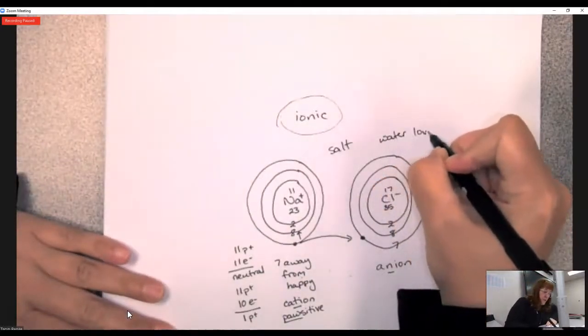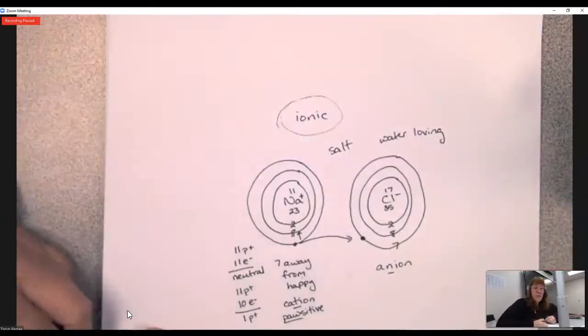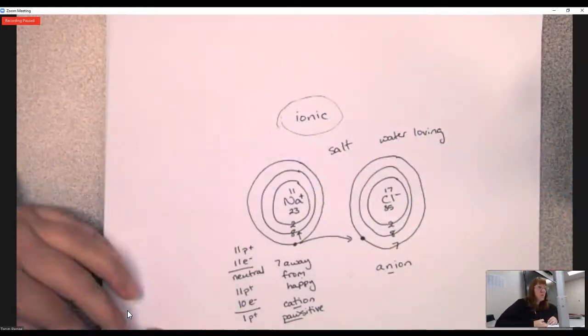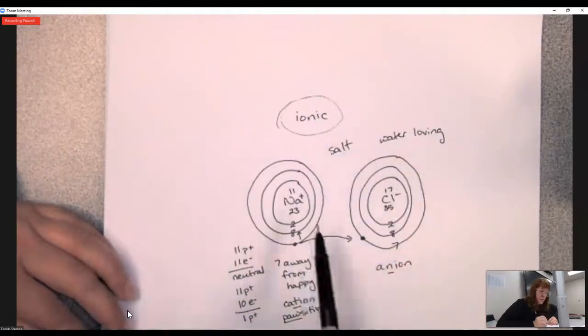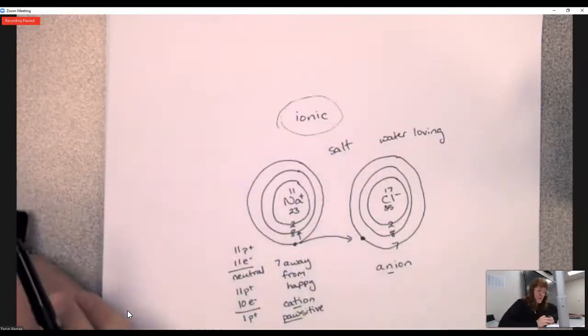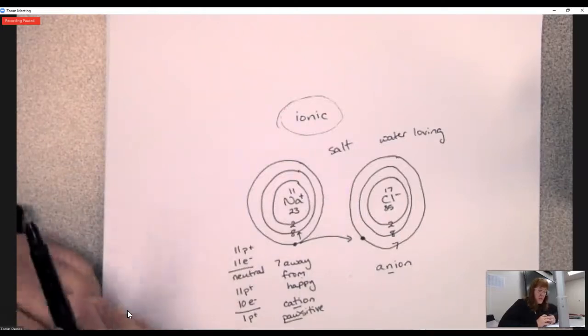So water loving. And we also know that we've probably made soup or put salt in water at some point. Maybe you're just gargling salt water to try and get rid of a sore throat. But we know that salt dissolves in water because it is a charged molecule. So you will have a weaker bond.